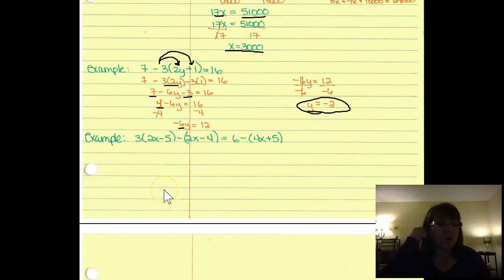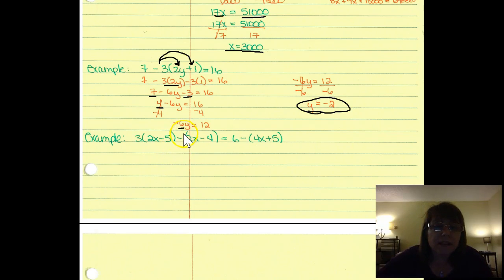Now I'll give you this problem for you to work out all by yourself. If you want to check the solution, you can just email me and I'll be happy to check it with you. 3 times the quantity 2x minus 5 minus the quantity 2x minus 4 equals 6 minus the quantity 4x plus 5. I will give you a hint.